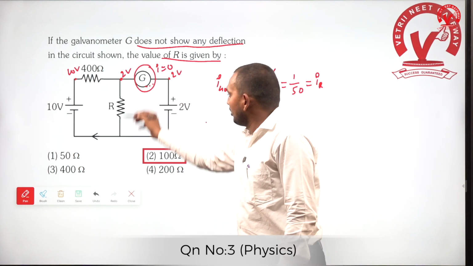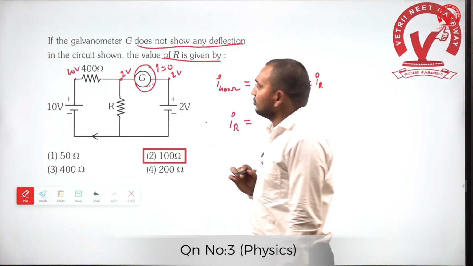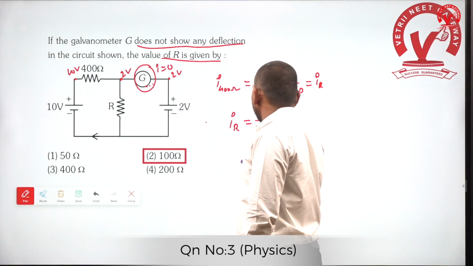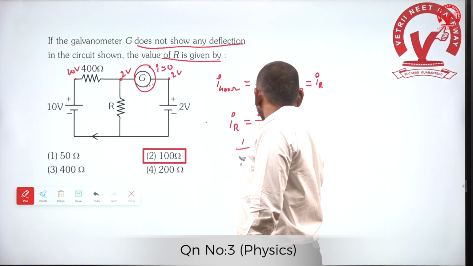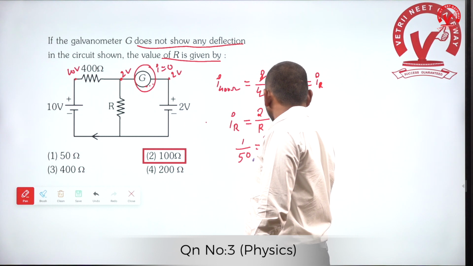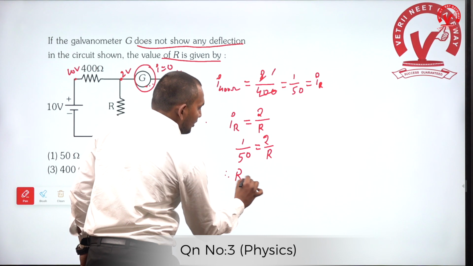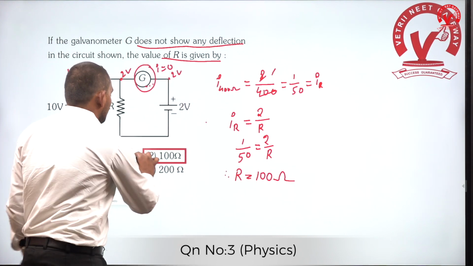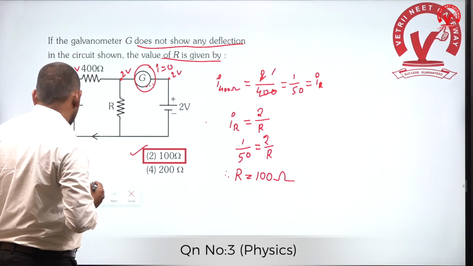Find out IR. IR is equal to V by R, 2 divided by R. So 1 by 50 is equal to 2 by R. Therefore, R is equal to 100 ohms. So, option 2 is the correct one.